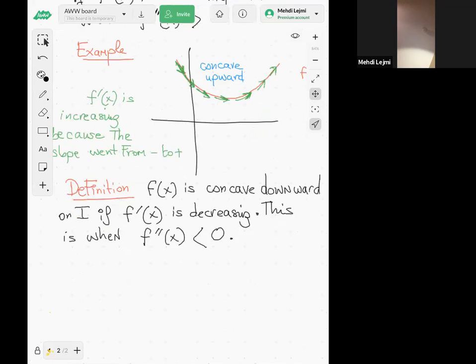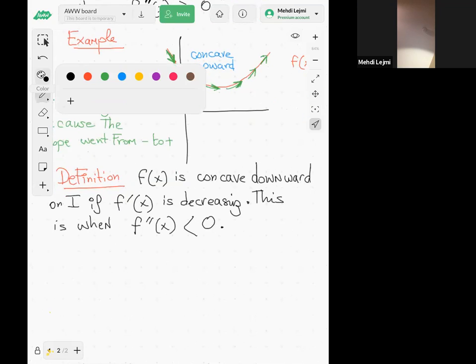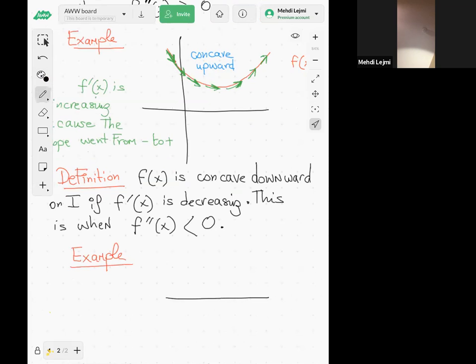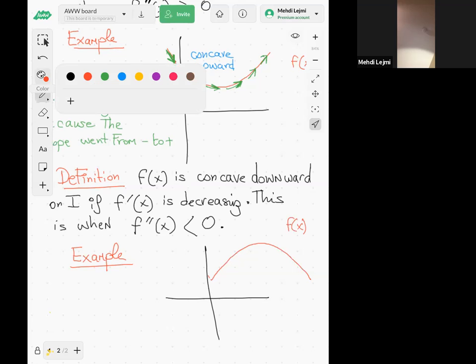Okay. So what do I mean by concave downward? So here's an example. So let's say I have the following graph, and let's say we have something which looks like this, so this is my f of x. All right, so that's my f of x. First, guys, you see the derivative here is positive because the slope is positive. But then it vanishes, and then it becomes negative, right?